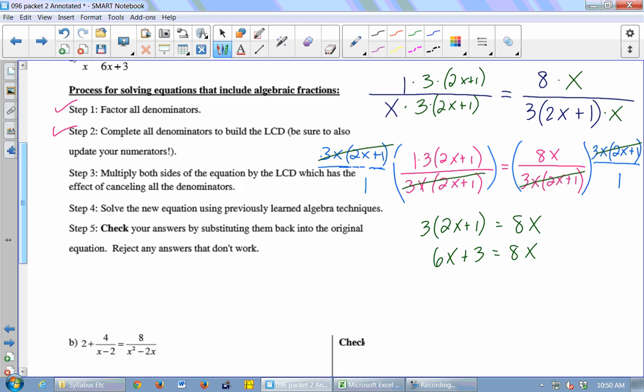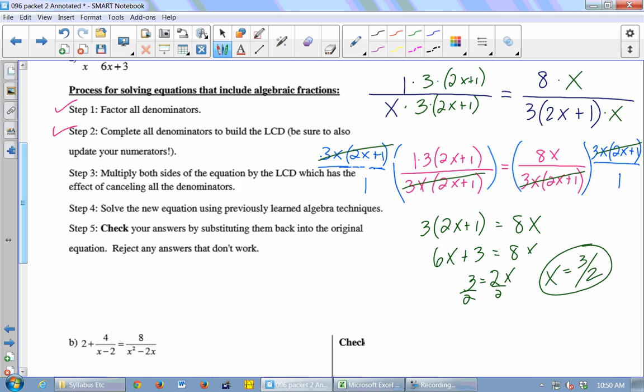Subtract 6x from both sides, and you get 3 equals 2x. And then divide both sides by 2, and you get x equals 3 halves. 1.5 and 3 halves are equally simple. You can do either way.